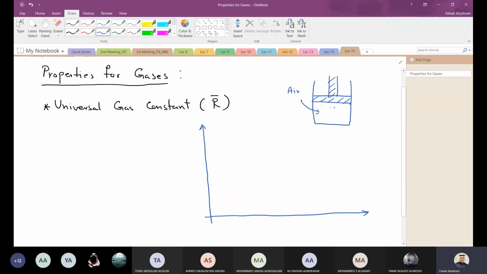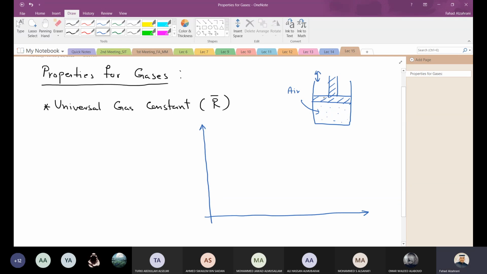I put air here, and then what I tried to do was change the pressure inside by moving this piston.